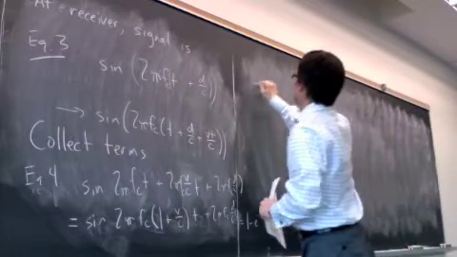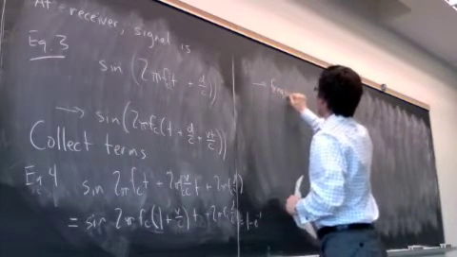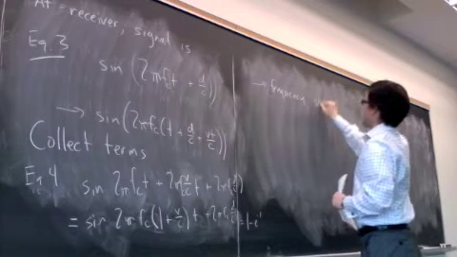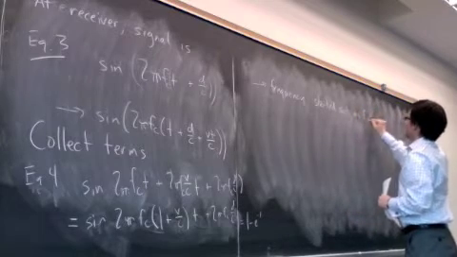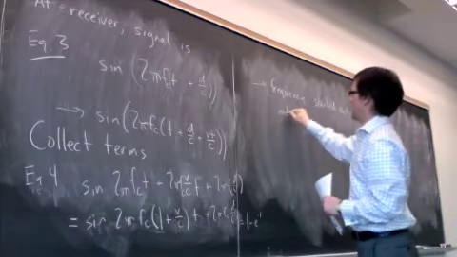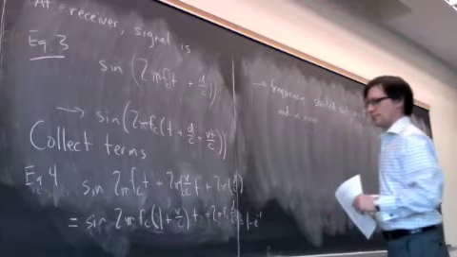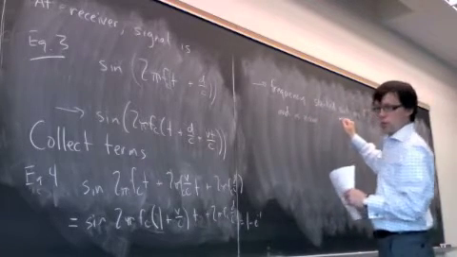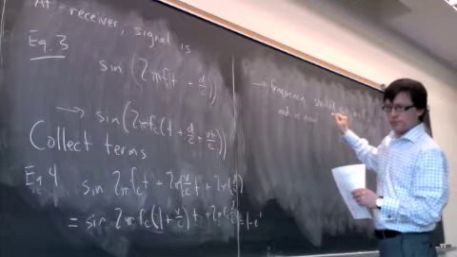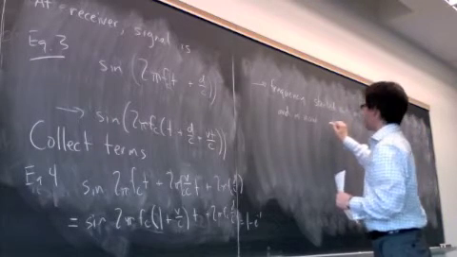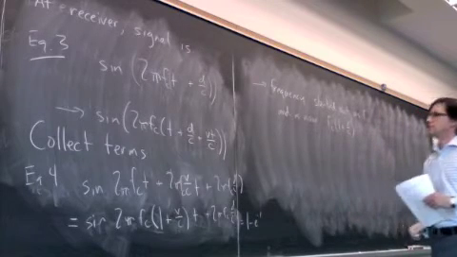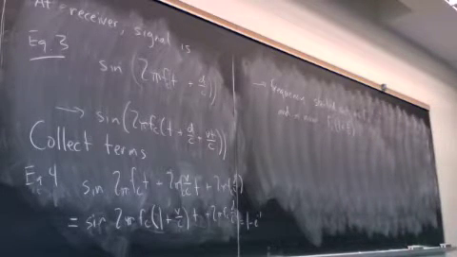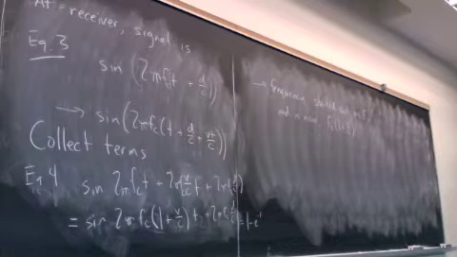So the frequency started out as fc and is now fc times (1 plus v over c). So that could be greater or less depending on whether v is positive or negative.